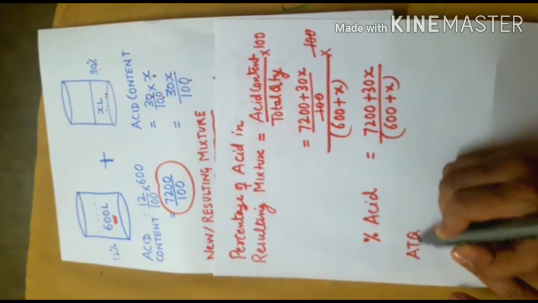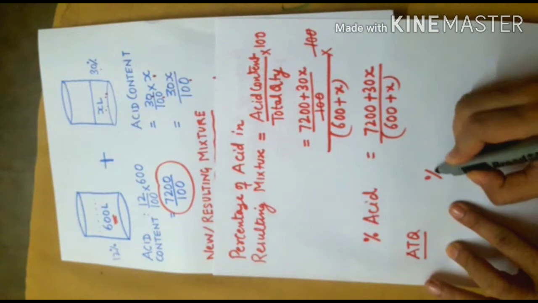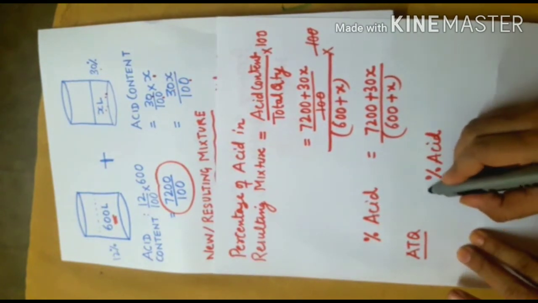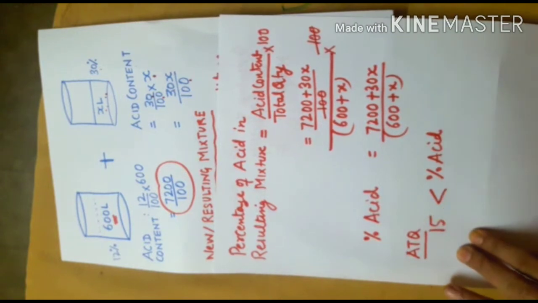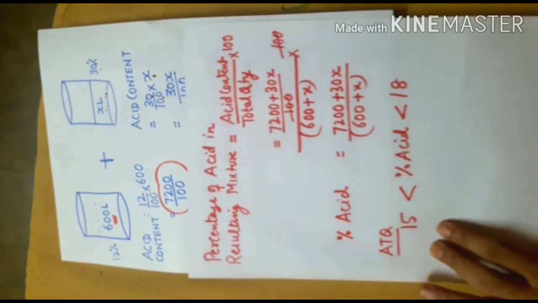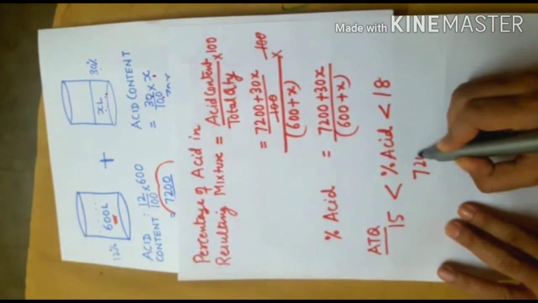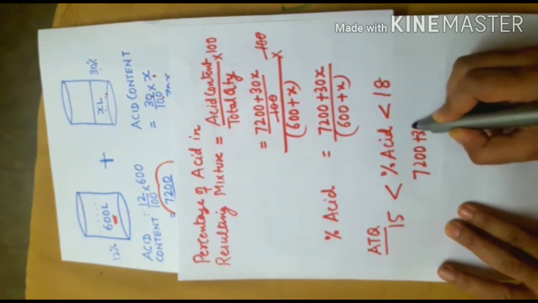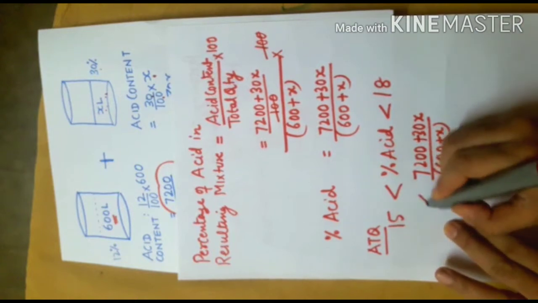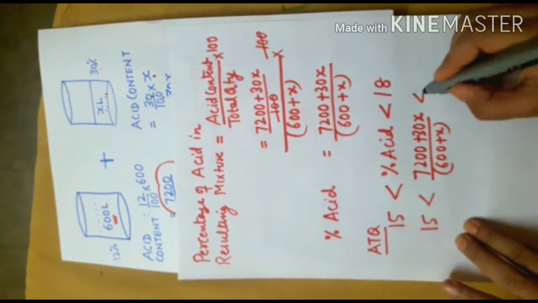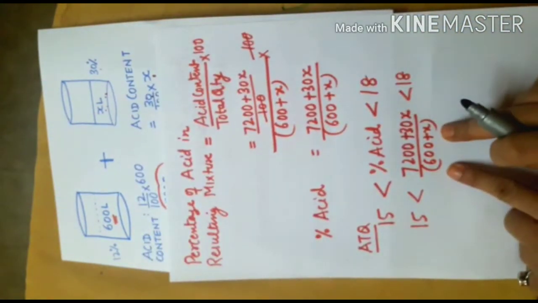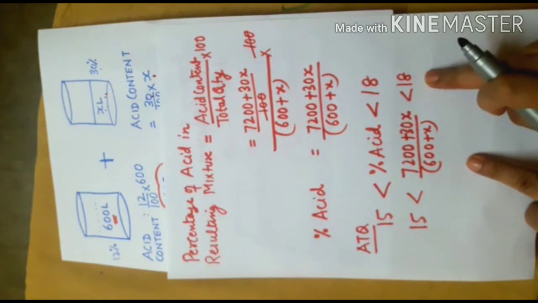Now, according to the question, percentage of acid in the resulting mixture should be greater than 15% and less than 18%. So that is 7200 plus 30x over 600 plus x should be greater than 15 and less than 18.